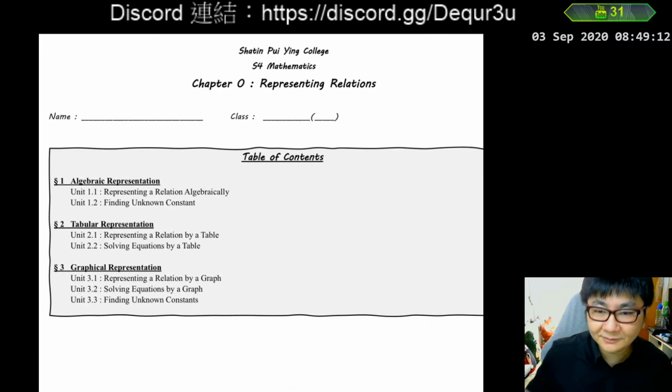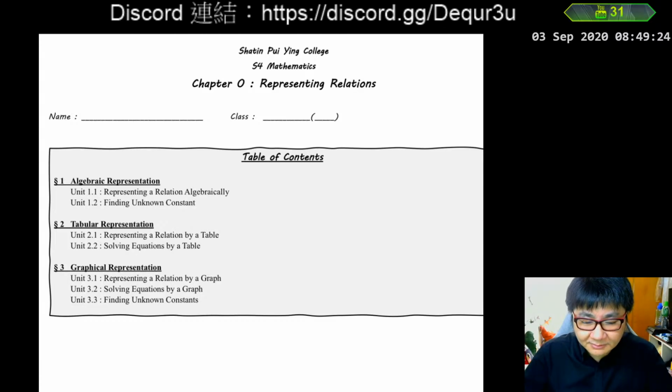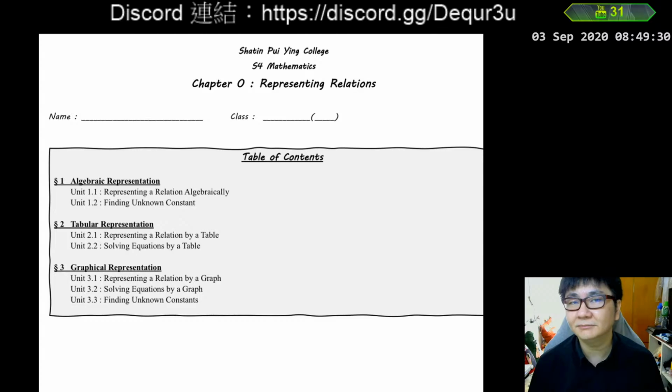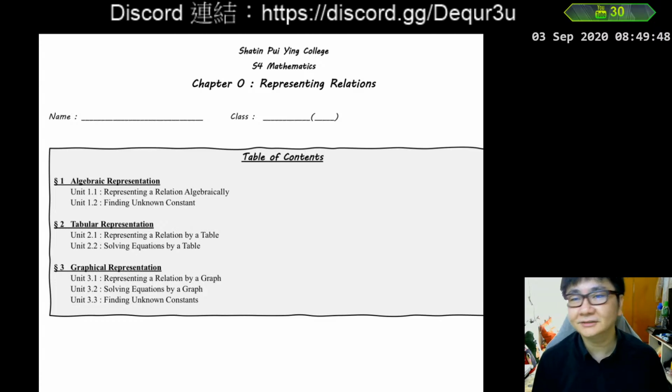From the content here, you can see there are 3 sections in this small chapter about relations. We will try to represent relations in different ways. The first one is algebraic, the most mathematical one, because we always like to represent things using equations. For example, in science you may have an experiment about boiling water: you put the water in the heater, and after different times you measure the temperature.